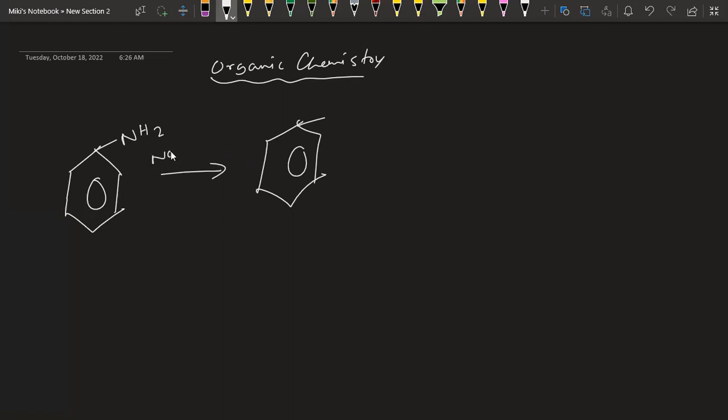So from phenylamine, when we add NaNO2 plus HCl at 5 degrees centigrade, we form N+ and Cl minus in this case. And in this structure, when we add H2O with heat, then phenol is formed. So I somehow gave the condition for phenol. I'm really sorry, but that's how it is formed.